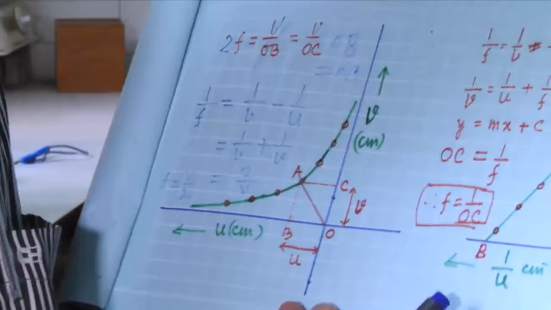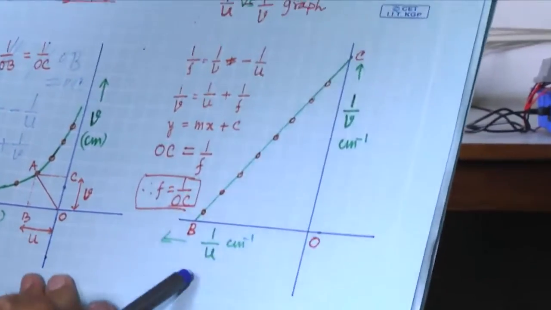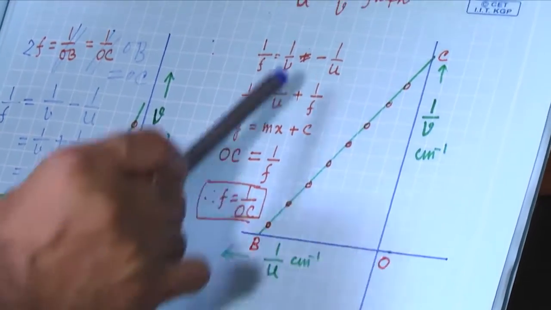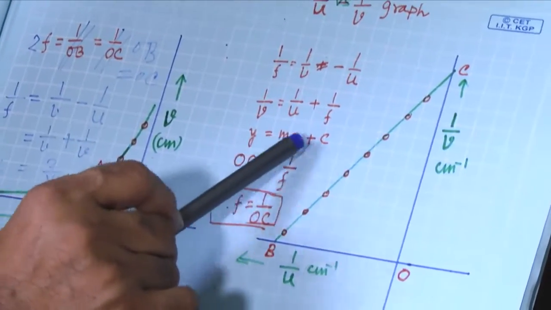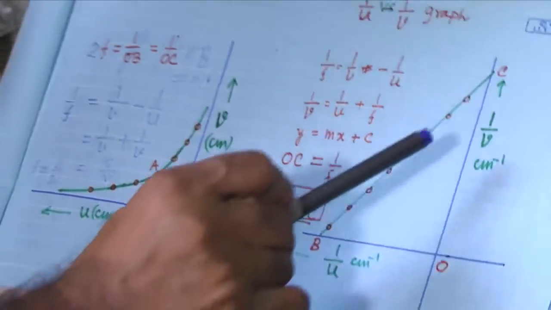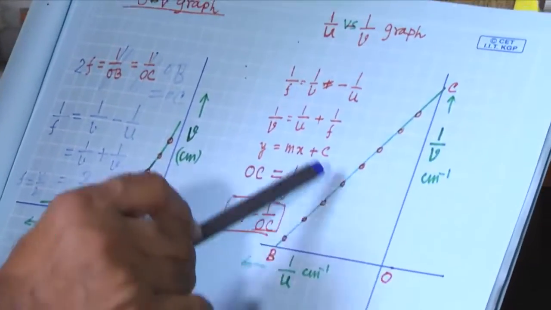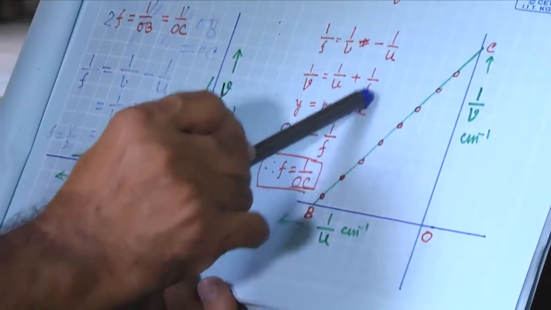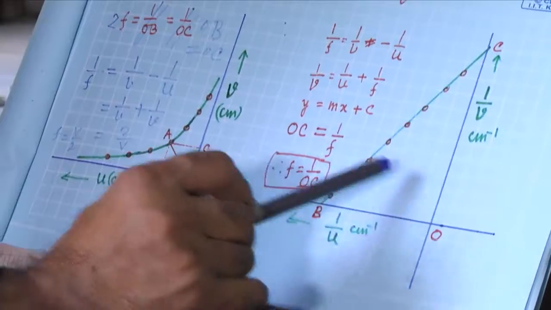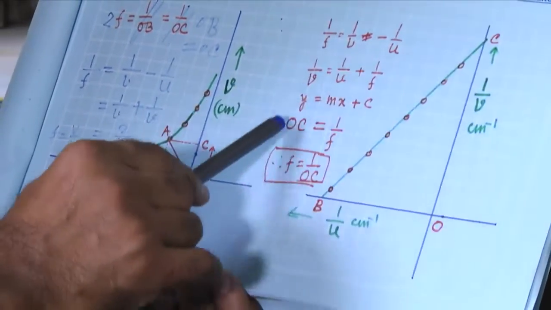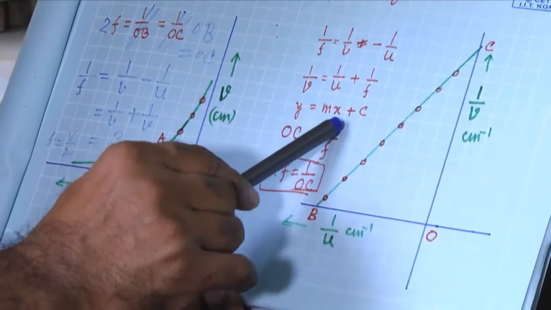Similarly, if you plot 1 by v versus 1 by u, here basically y equal to mx plus c. So OC is the intersection on the y axis, that is c. So whatever OC value you get, that is basically 1 by f.